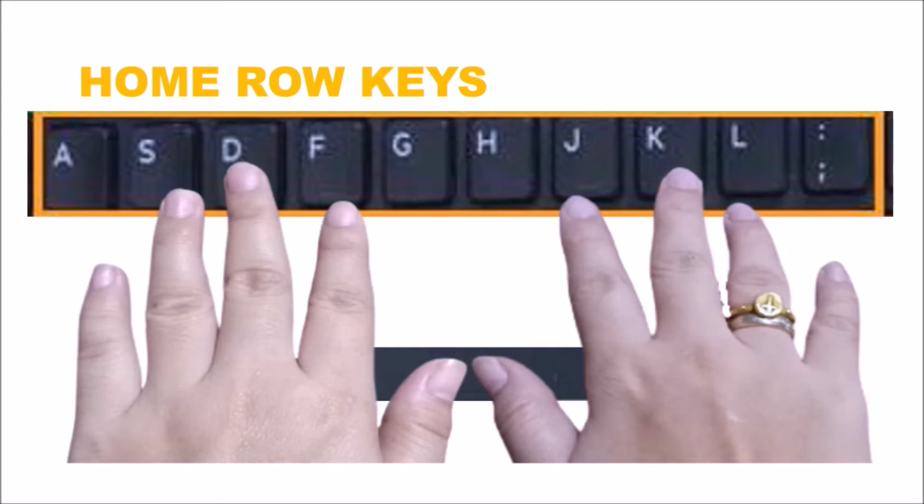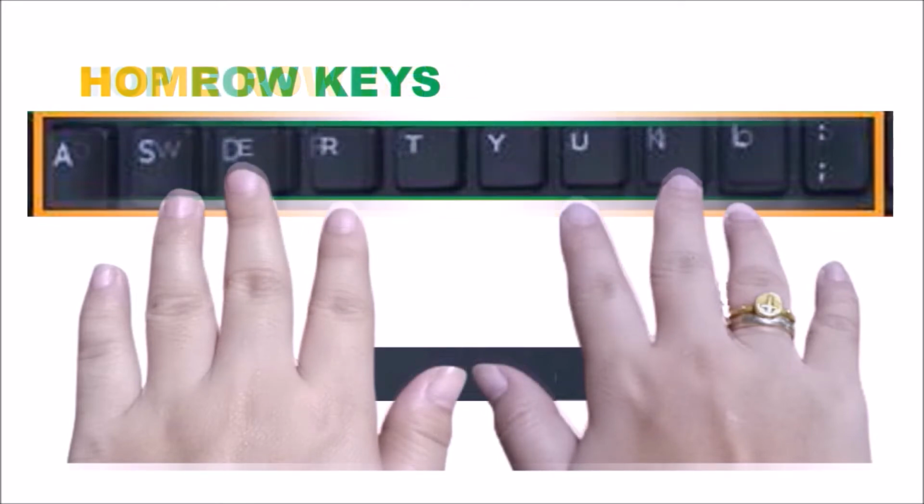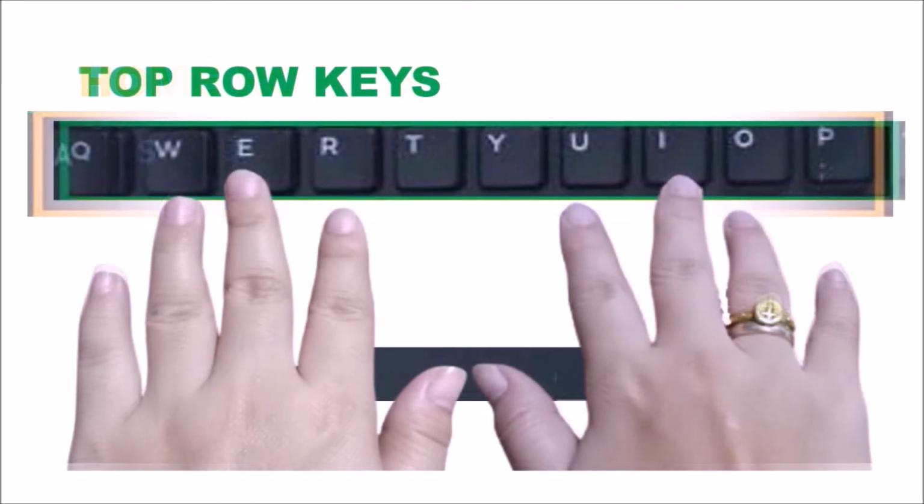Assuming that you are busy typing and you are not just pressing the letters on the home row keys, now you're trying to go up. So now you are on the top row keys. Now these fingers of yours are being assigned to certain letters. We will start with your left fingers.